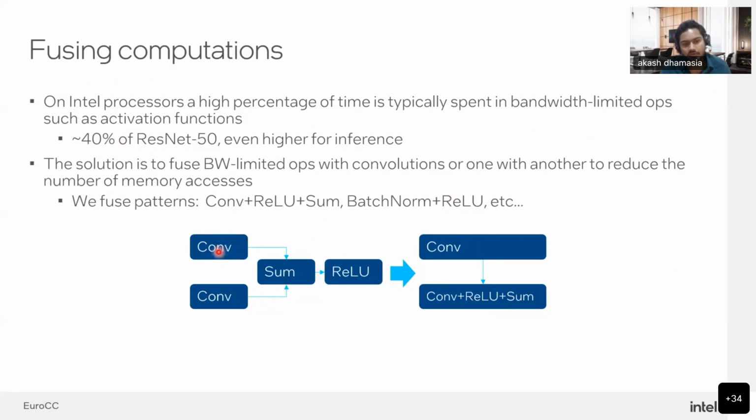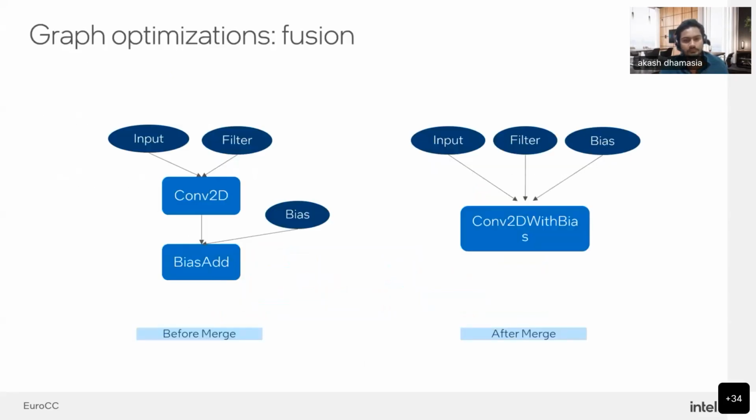So you have one convolution operation, and now you can combine convolution, sum, and ReLU together, and then you only have two operations here. You had one, two, three, four operations. So you can use this fusion of oneDNN to make your application smaller and faster. This is another example of graph optimization, where you have multiple operations but you can combine them with fusion strategies of oneDNN and make it faster.